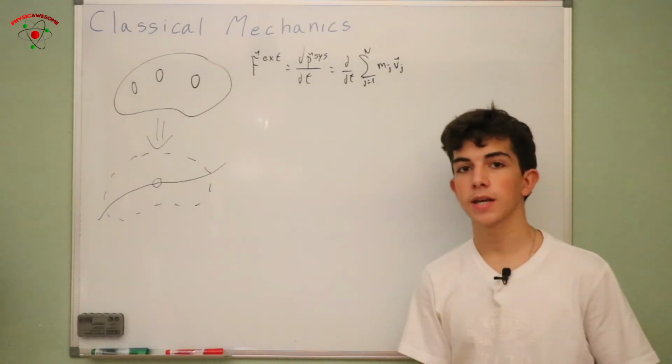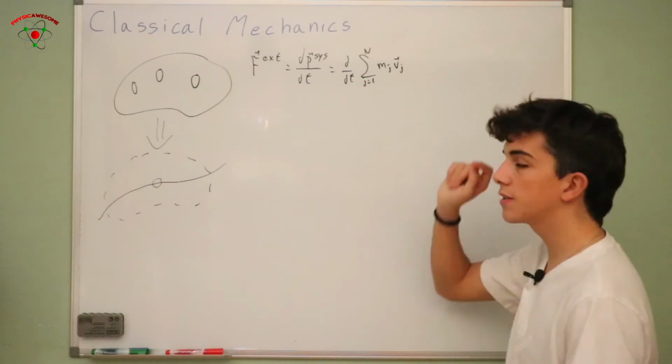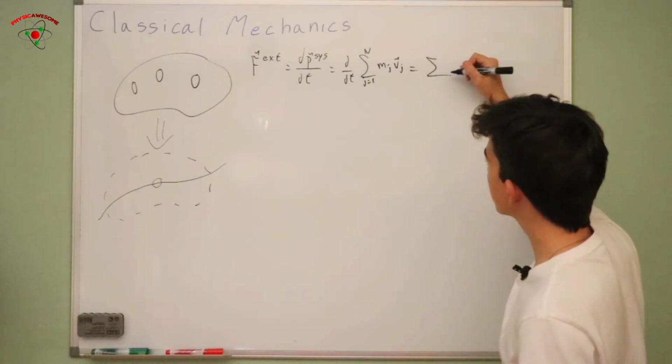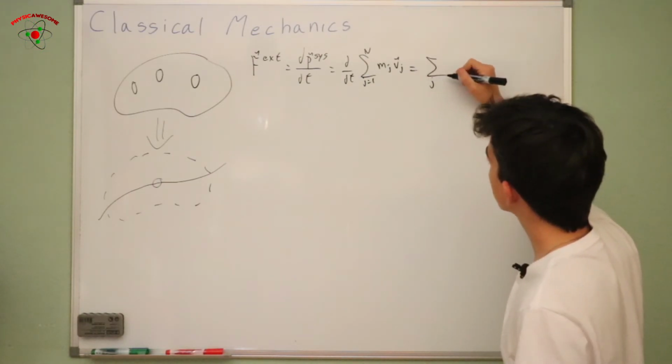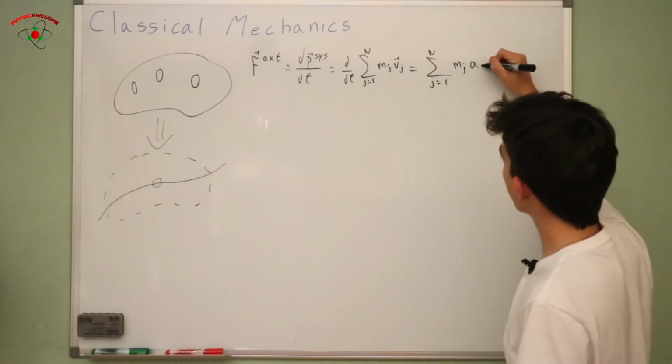And once again, as we have done multiple times in these videos, we see that the d/dt goes through. This is only a revision of what we had: from j equals 1 to n of mj aj.